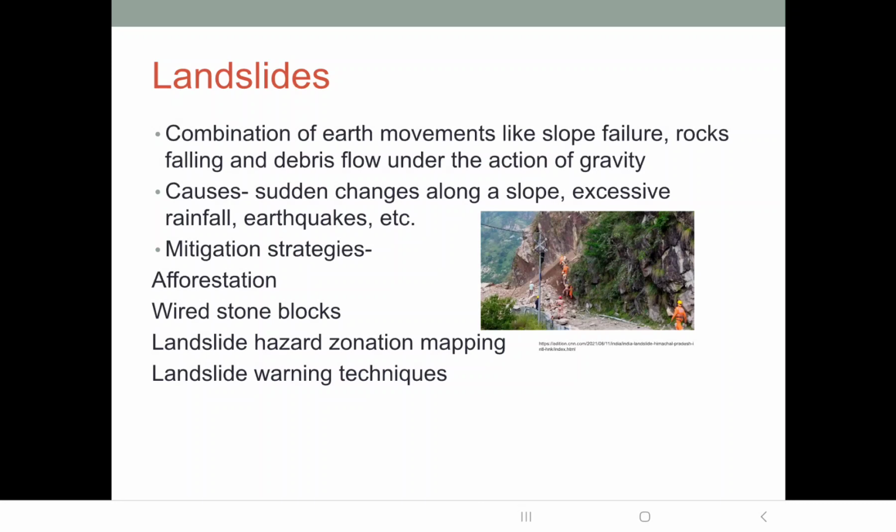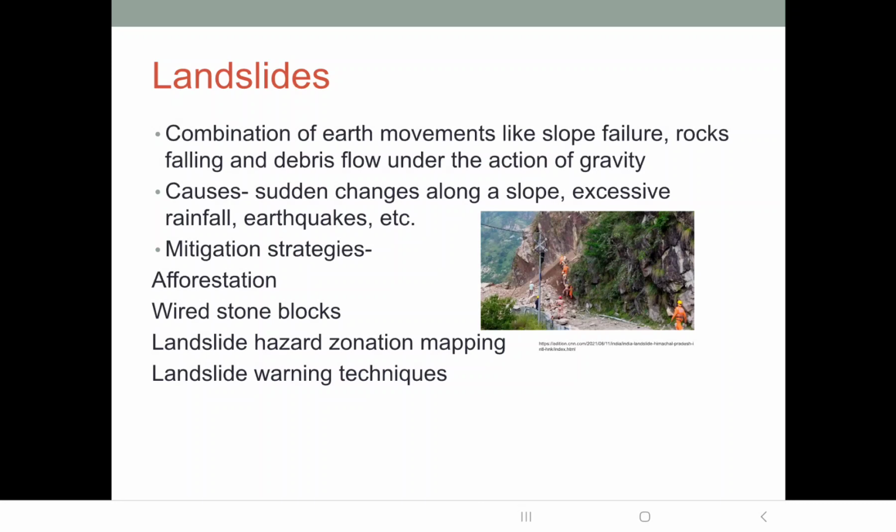Then landslide hazard zonation mapping. Just like we have mapped the seismic zones of India, that we know the northeast is more prone to earthquakes, the Himalayan region is more prone to earthquakes. Okay, similarly we can do mapping of different zones regarding landslides also, that this area is more prone to landslides.